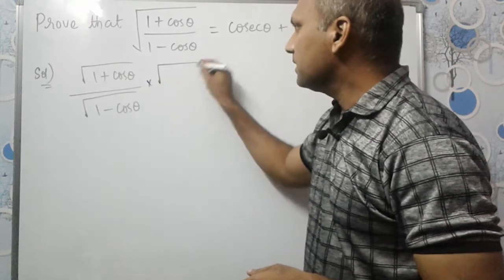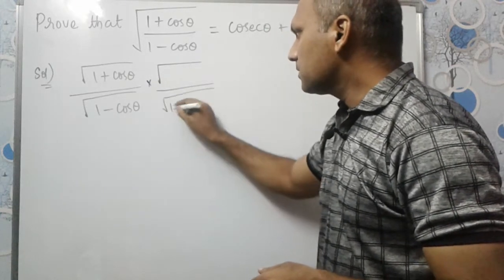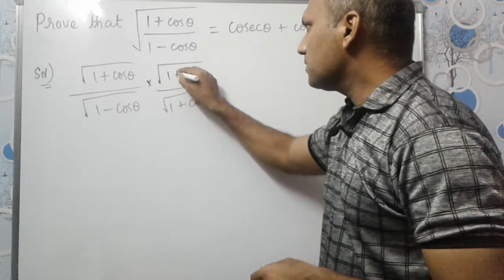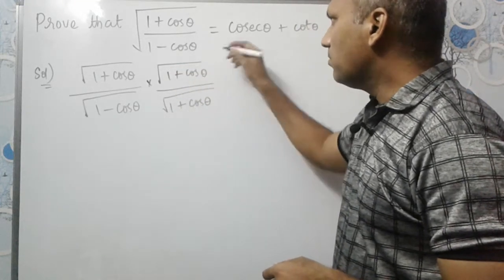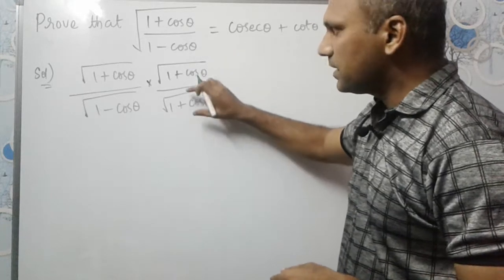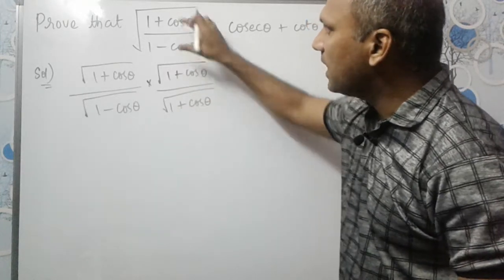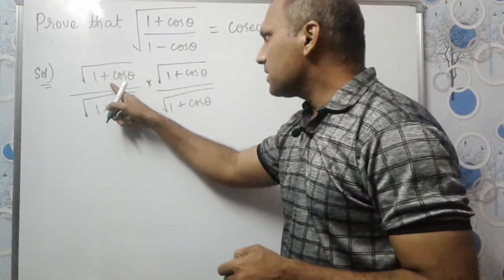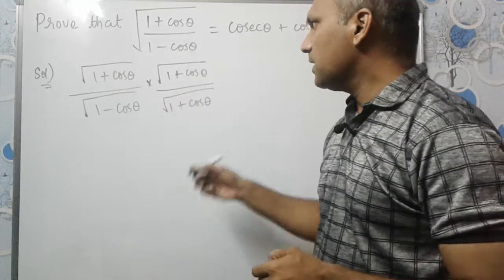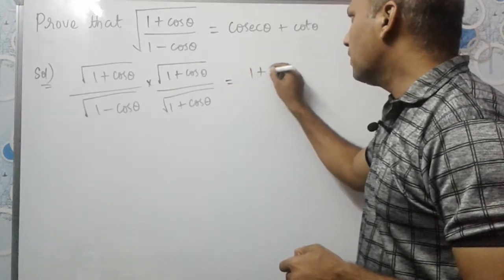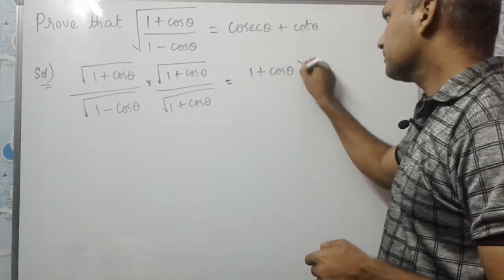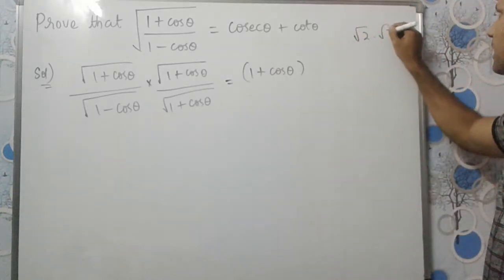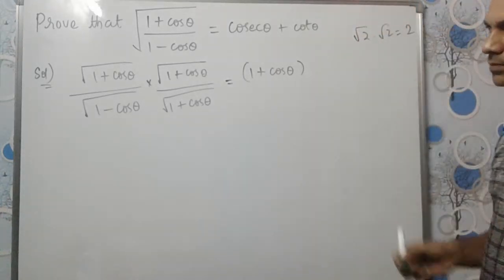We are rationalizing the denominator. So this will be 1 plus cos theta, and here also 1 plus cos theta. We multiply and divide by the same term, because if you cancel it, we have the same thing again. This is root 1 plus cos theta times root 1 plus cos theta, which equals 1 plus cos theta, just like root 2 multiplied by root 2 is 2.